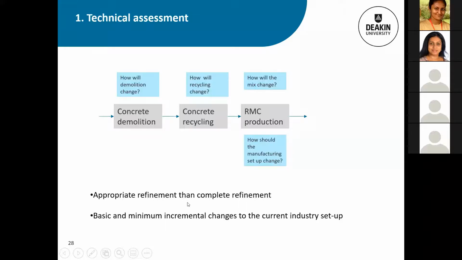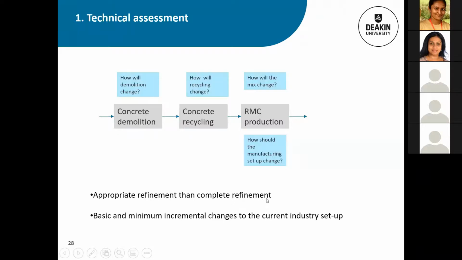In this study, what I've assumed is appropriate refinement rather than complete refinement. When you crush waste concrete, you could crush it, clean it and wash it, and make it as close as possible to the natural aggregate. But by doing that, you're spending money, incurring costs, and having more energy requirements.